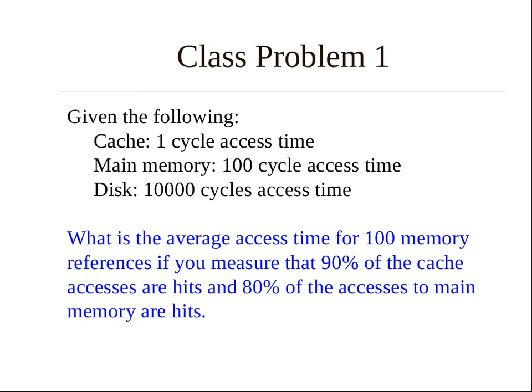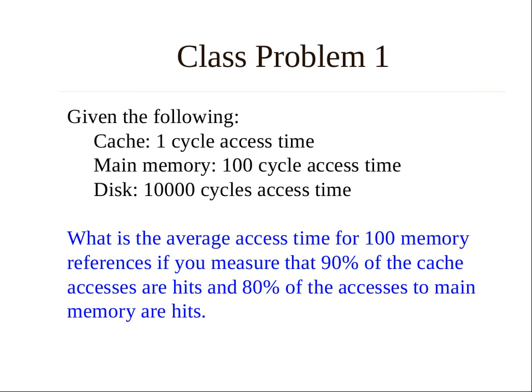And then of main memory, well, 80% after the cache go to main memory. So how many references are going to be going to main memory? 10%. Right, 80% of the 10%. So you have 0.80 of the 10% of the 100 go to main memory.